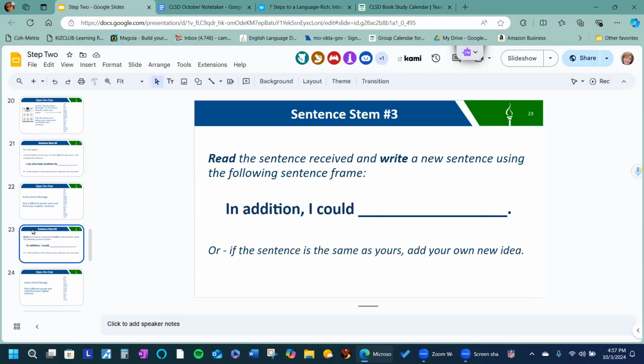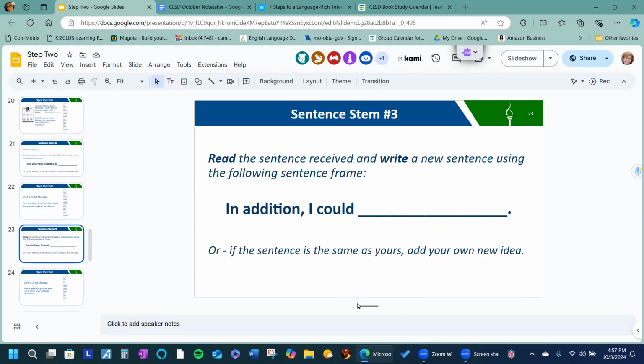All right. When you receive that new sentence, you're going to complete this sentence stem. In addition, I could. So take your new information and finish this sentence.